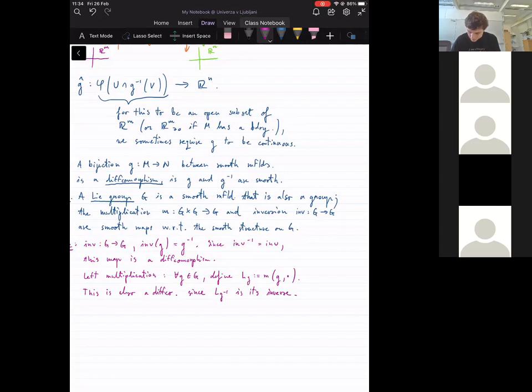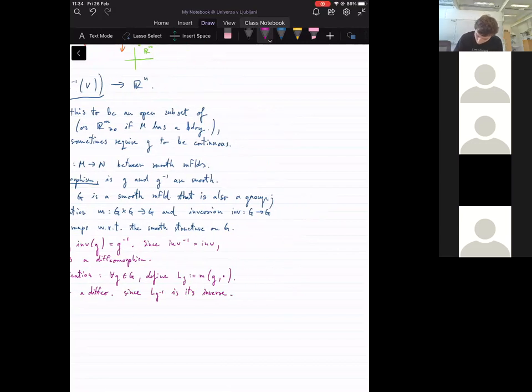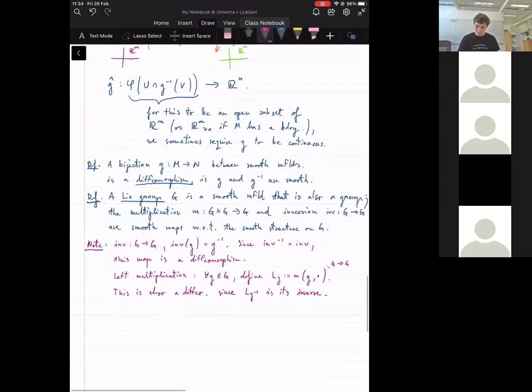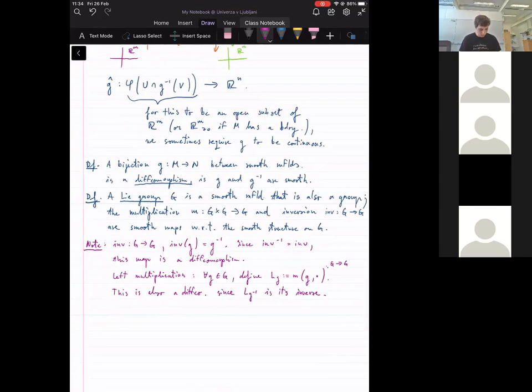So this is a map that goes from G into G. Now we see that these maps are diffeomorphisms.